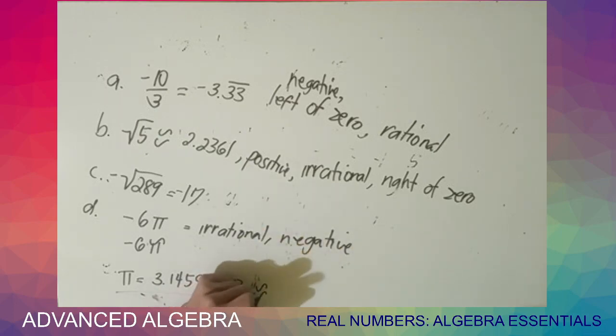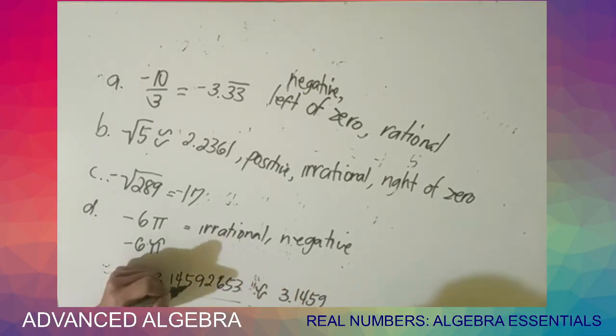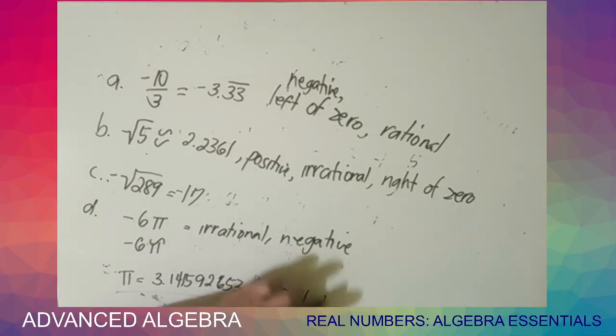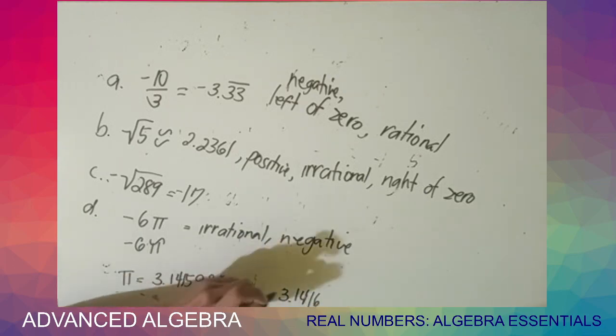Approximately 3.14... Tama ba? Balikan ko nga. 14, 15 pala, sorry. So we can convert it to 3.1416, its equivalent rounded off to 4 decimal places.